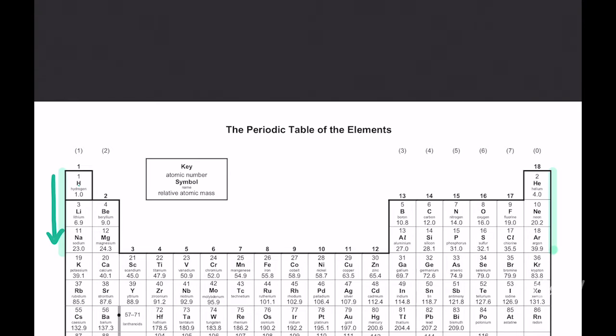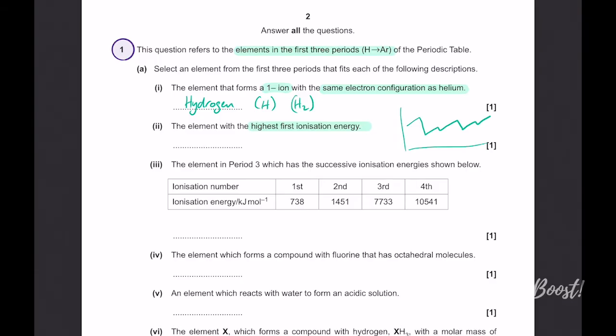So the further down the periodic table, the easier it is to remove, therefore the lower the ionization energy. And then it keeps going with this pattern, and goes down again and then repeats the same kind of pattern. So actually the element with the highest first ionization energy is the second element in the periodic table, and that is helium. Okay, so helium, or you can give the symbol He.